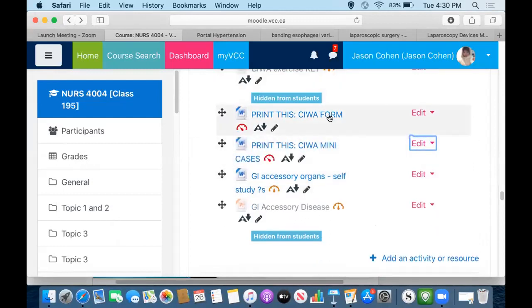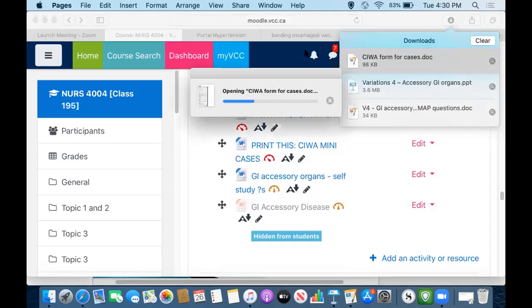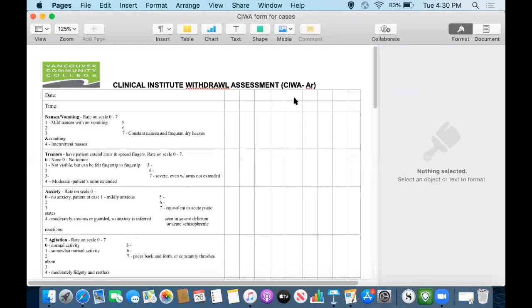The Seawall Form is basically for alcohol withdrawal. It's to monitor alcohol withdrawal, and it's got various sections that you fill out based on your patient presentation. You have to remember that with alcohol withdrawal, it usually kicks in within about 1 to 2 days, 24 to 48 hours since the patient last had their needed dose of alcohol.